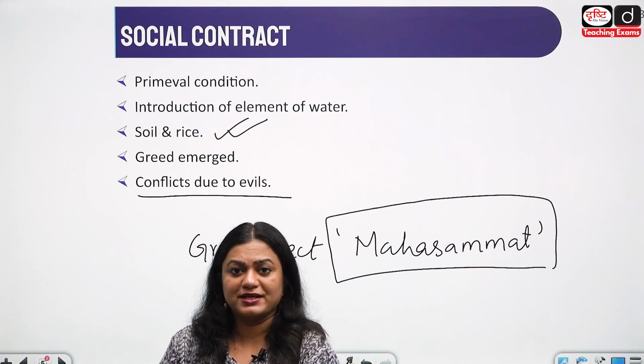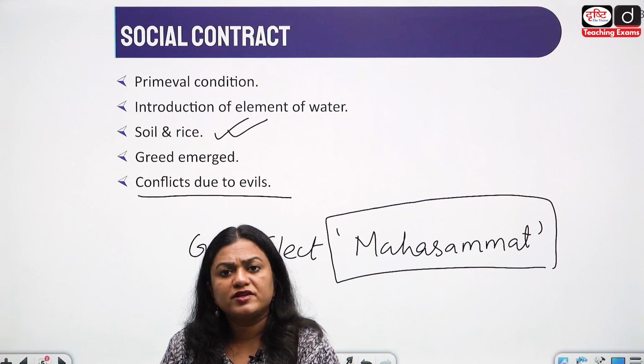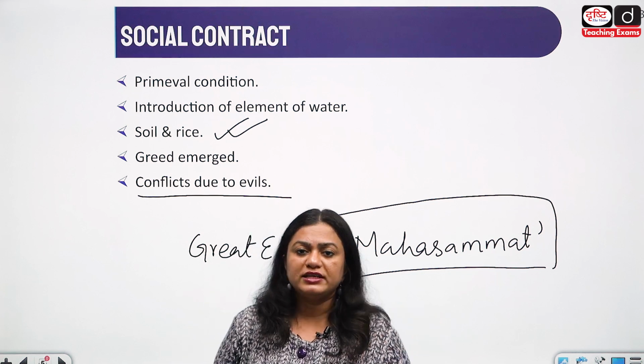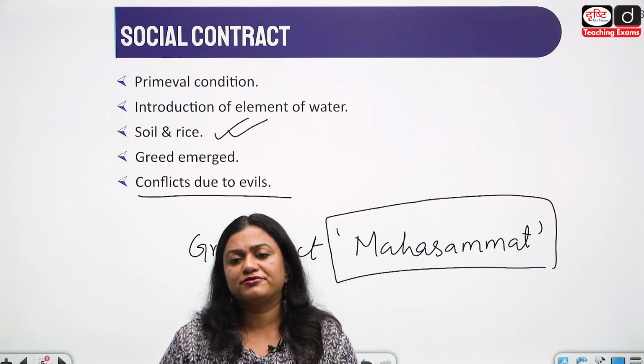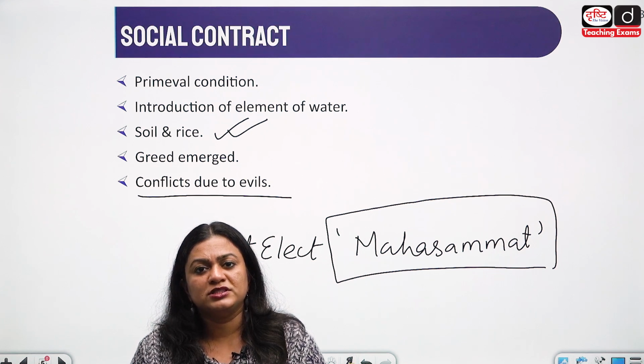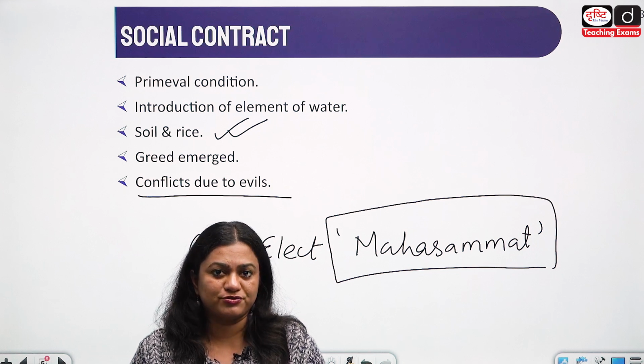So this is the place where people realize that we need a government. Earlier everything was blissful, and people had access to things, but when greed became part and parcel, it became really important that you need a strong government, someone to protect you.